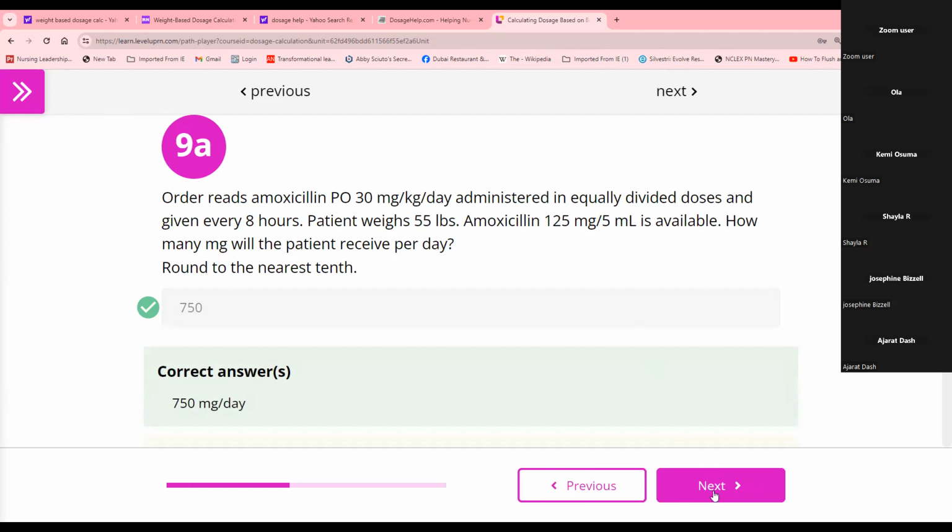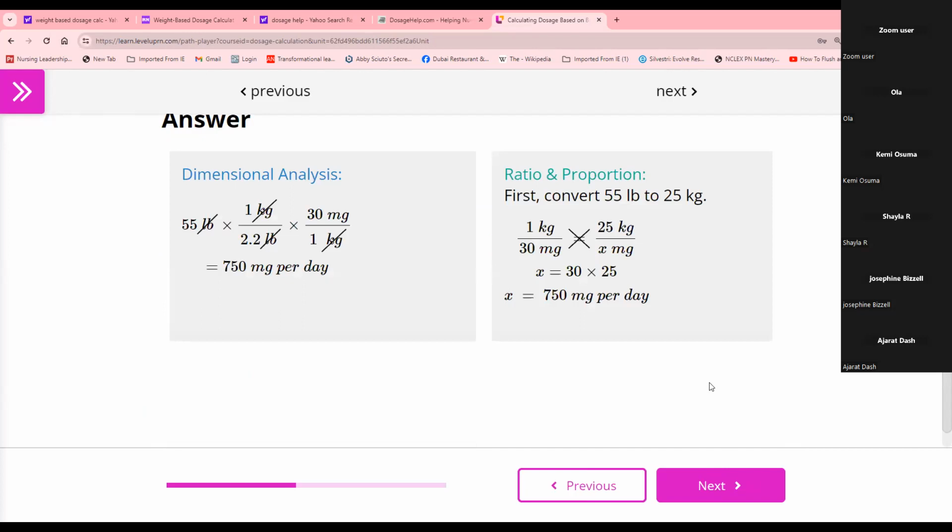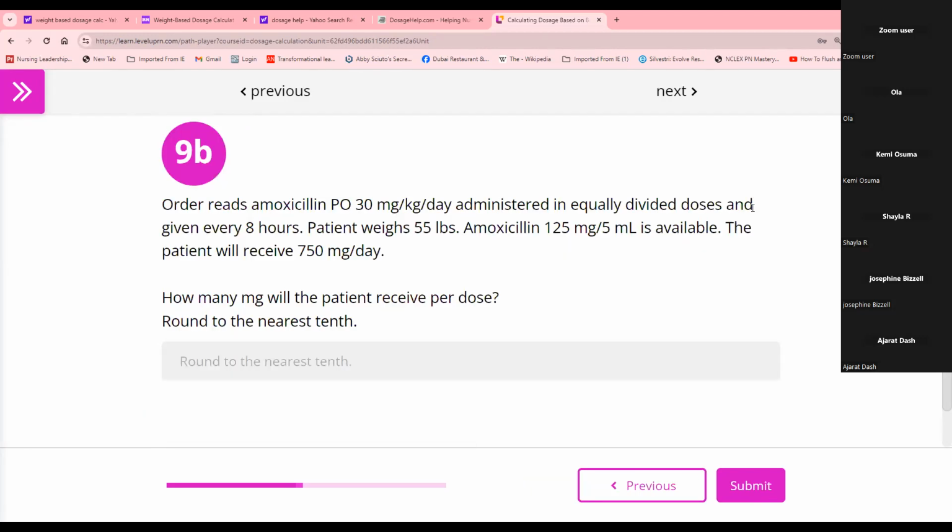Now you're going to calculate milligrams per dose. There's your math if you want to see it. This is really what you're going to see here.